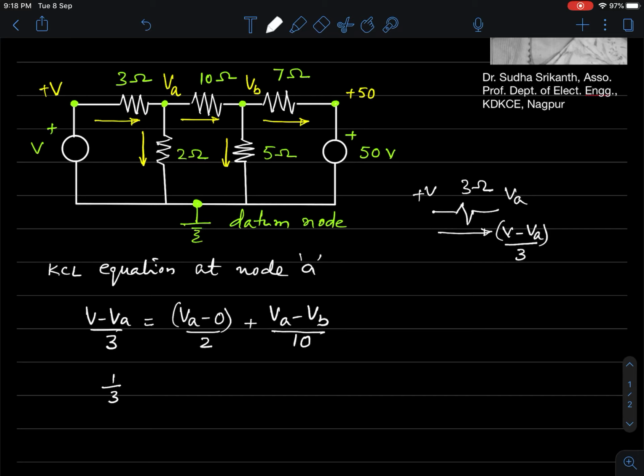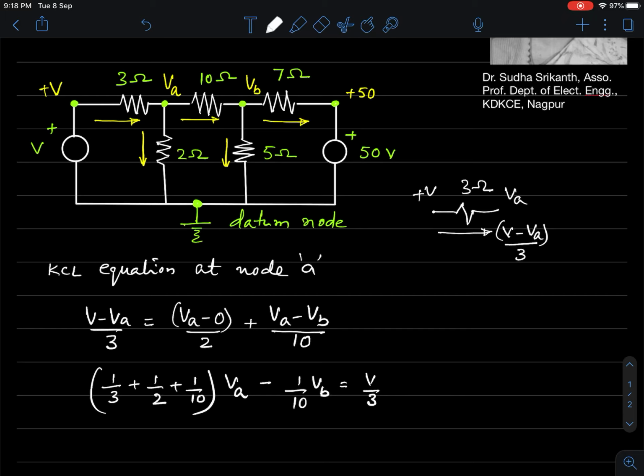I'll write it as 1 by 3 plus 1 by 2 plus 1 by 10, whole thing into VA, minus 1 by 10 into VB. This is equal to V by 3. Alright, this is one simple equation.